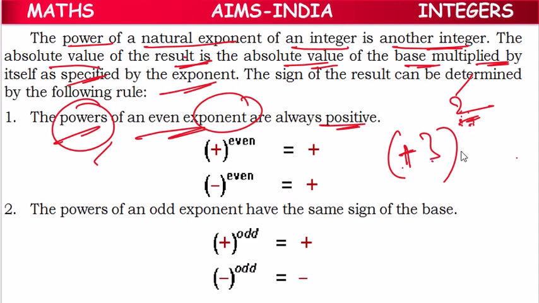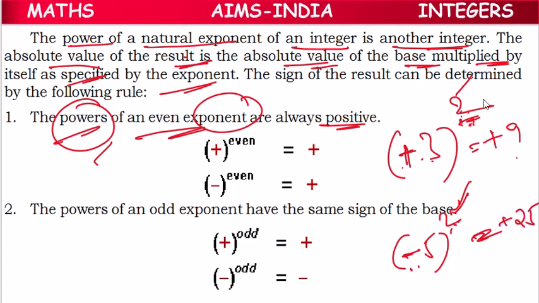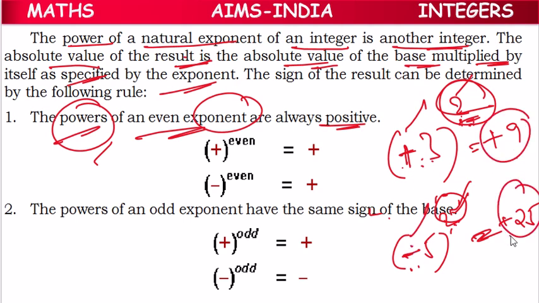At that time, its value will be plus 3 whole square, means plus 9, or minus 5 whole square. Here also the exponent is 2, which is even. At that time also, minus 5 into minus 5, so plus 25. Means if the exponent or power is even, you may have positive number as the base or negative number as the base, but the result will always be positive.